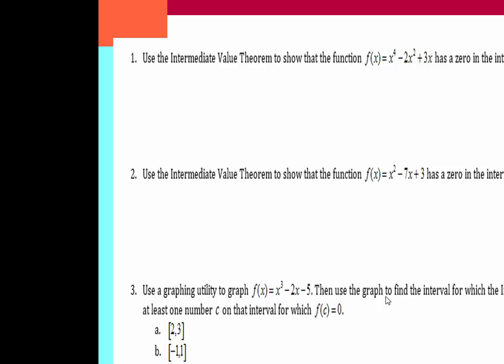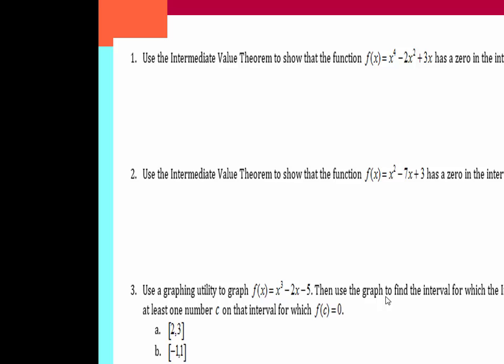So all we have to do is plug in f of -1, and when we do that, we get 1 minus 2 is -1, minus 3 is -4. f of -1 is -4. Then we plug in f of -2.